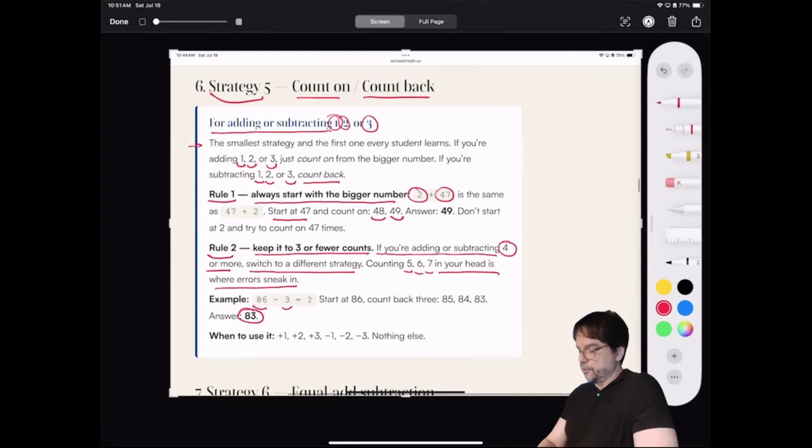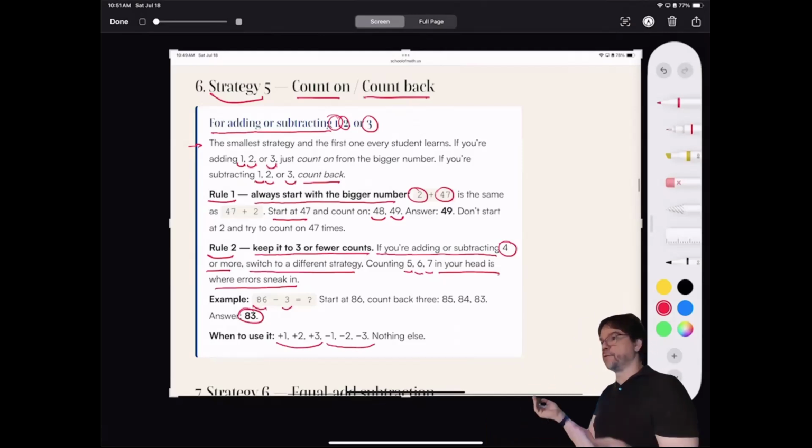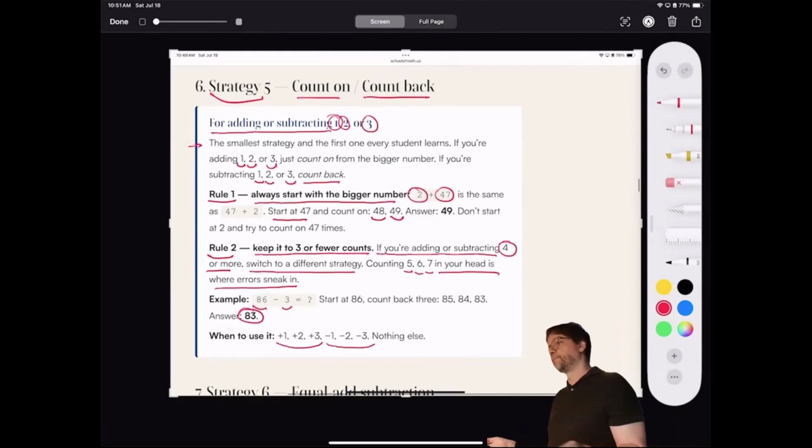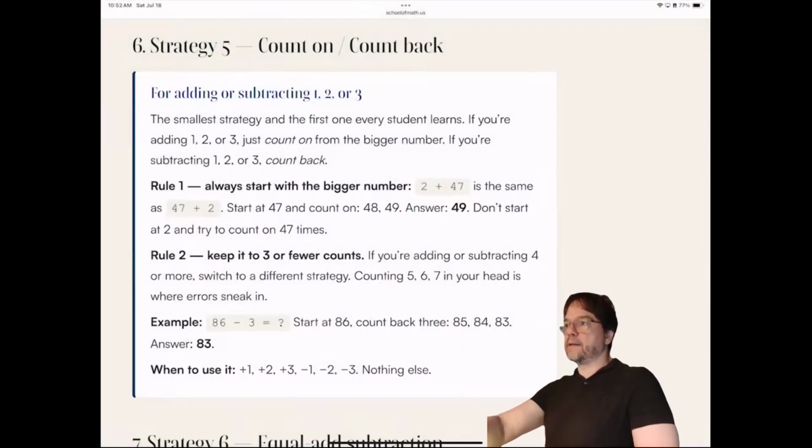So use this to add 1, 2, or 3, or subtract 1, 2, or 3. Easy. This one is very easy, right? Add 1, add 2, add 3 to a number, whatever the number is, or subtract 1, 2, or 3, is very easy. Just count on your fingers. Do you agree?